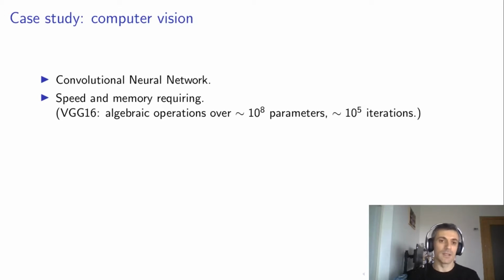For instance, if one takes the VGG16 architecture, which is an advanced convolutional neural network model, it depends on 10 to the 8 parameters, and the training step involves algebraic operations over all of these parameters in iterative procedures that involve 10 to the 5 iterations.